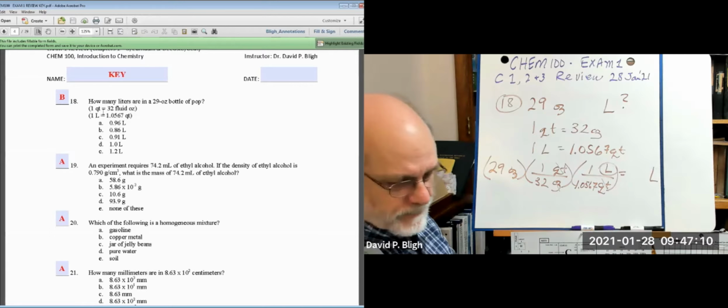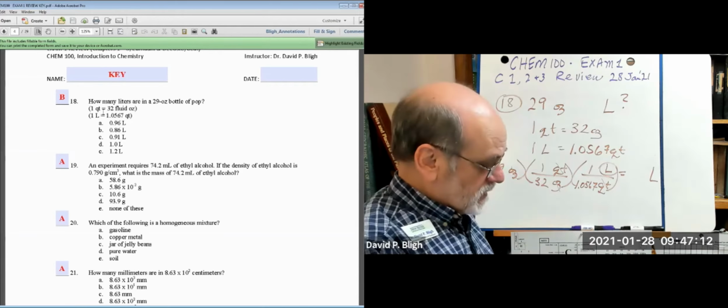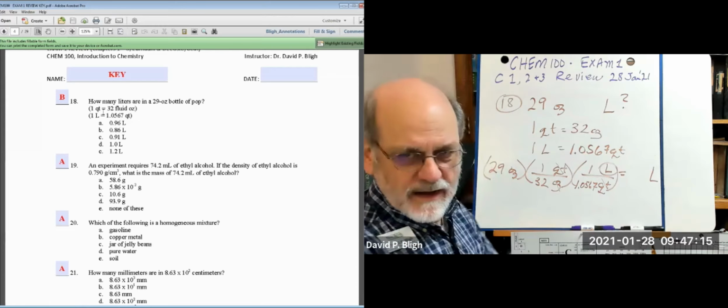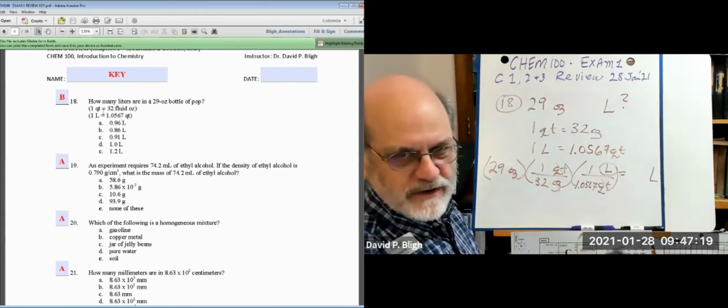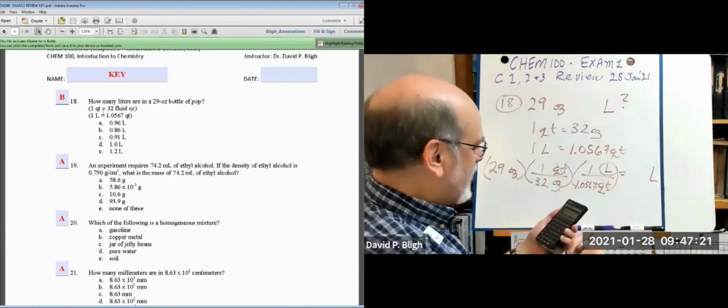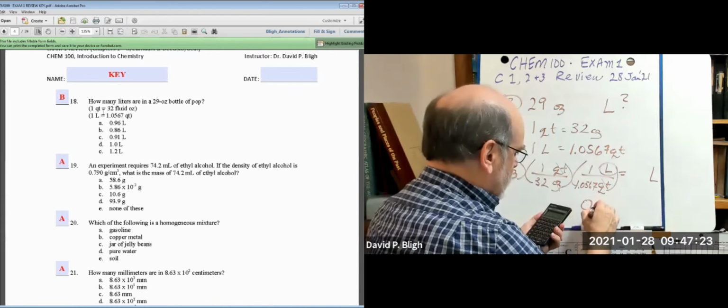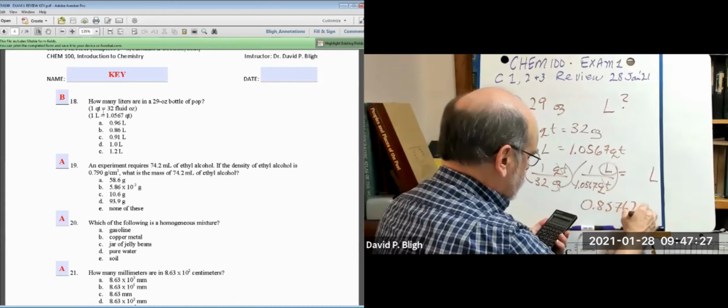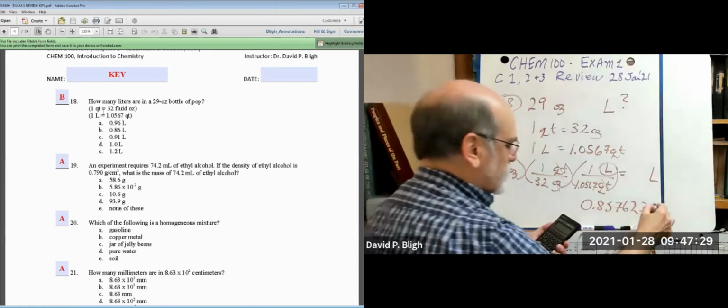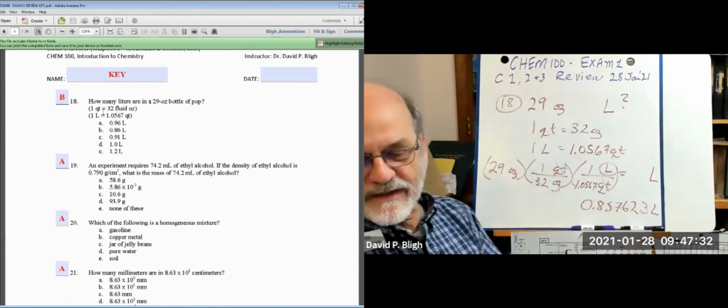And I get, well, let me write everything that the calculator gives me. Well, almost everything, because it strings it out. 0.857623 liters.